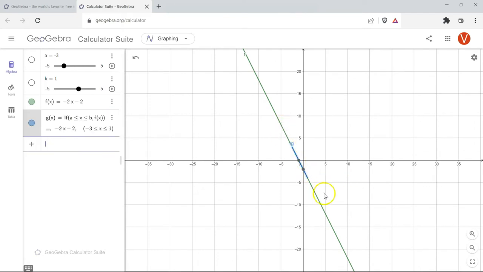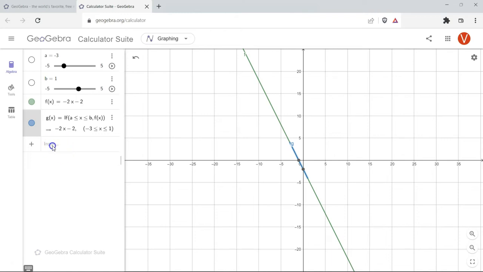So here there is one line and one line segment. If I remove this, this is your f of x, and this is that f of x restricted to this particular interval.